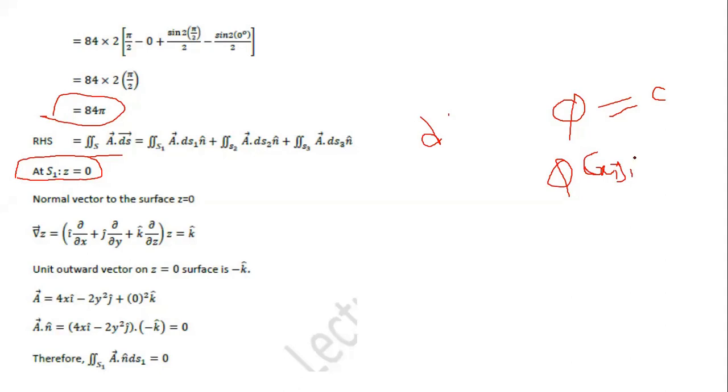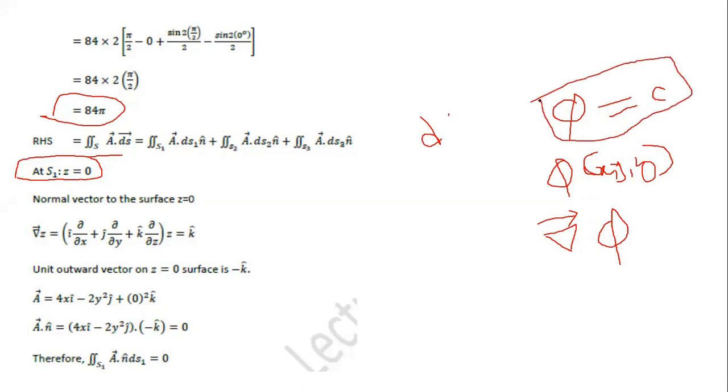When you take the gradient of phi, it will always represent a vector normal to the surface represented by this equation.